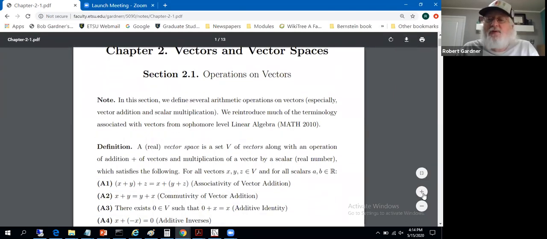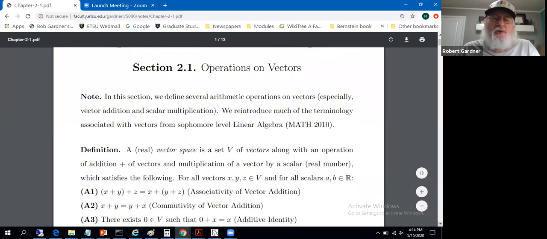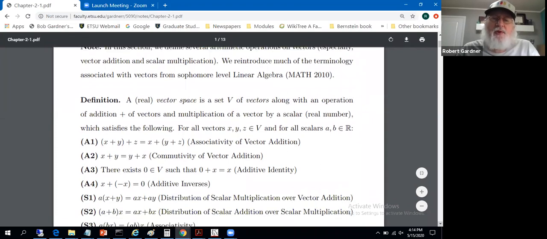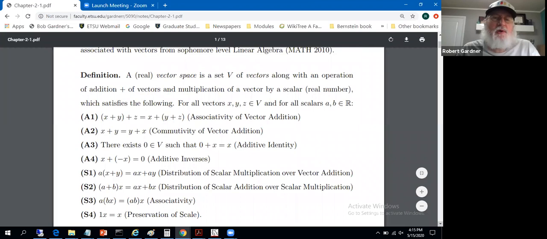So in this section, we'll define arithmetic operations on vectors, vector addition, scalar multiplication. We'll reintroduce a lot of the terminology from sophomore level linear algebra. Our notation, be very careful, the notation is a little bit different in this book.